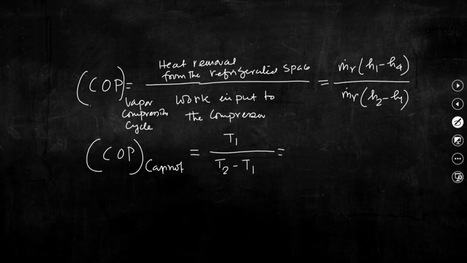That is 263 divided by T2 minus T1, that is 40. So, if we compare, this would be the COP. You also need to calculate the COP of the vapor compression refrigeration system, and the COP of the Carnot following this. Then you compare what would be the COP of this particular cycle with that of the Carnot engine.